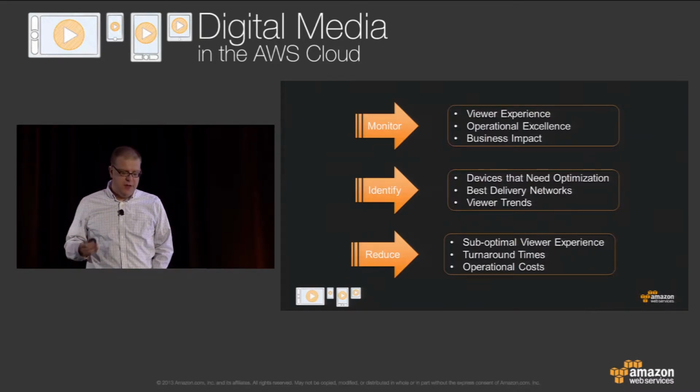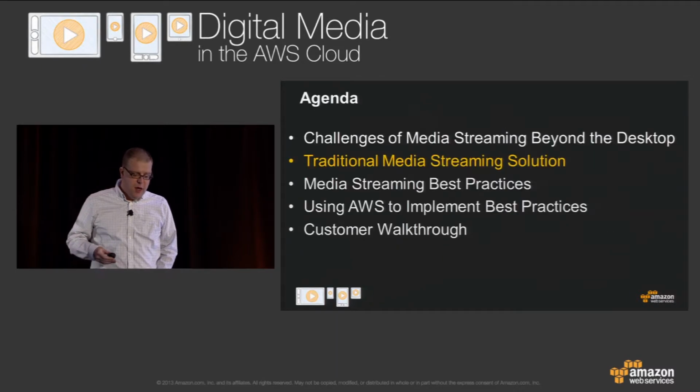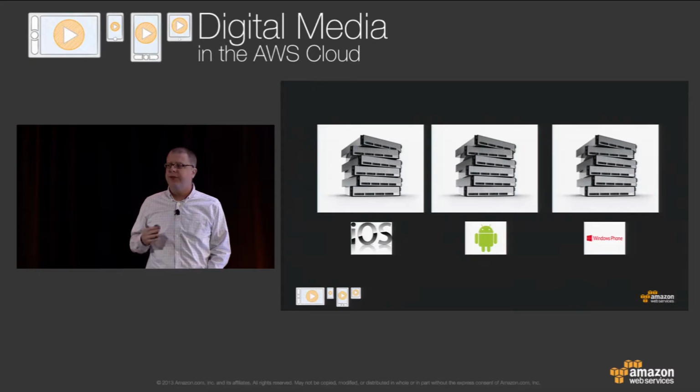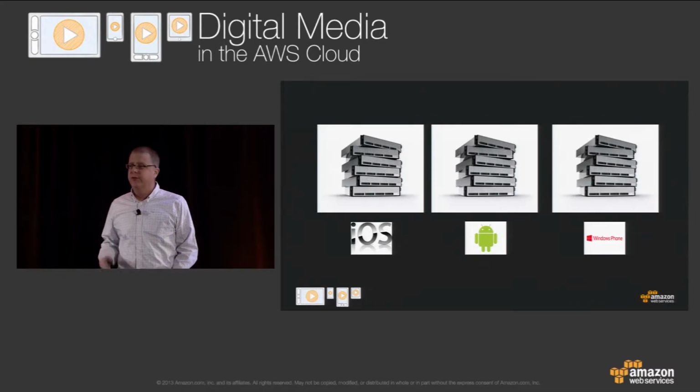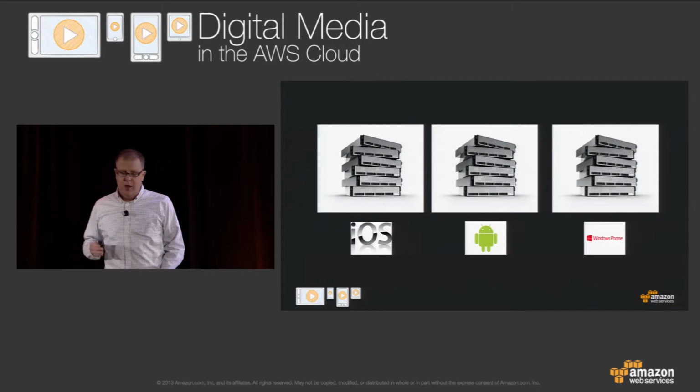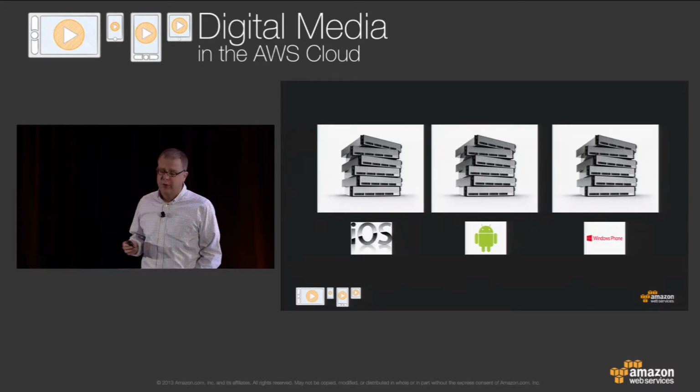So let's talk about the traditional media streaming solution. We used to see a lot of customers basically running separate parallel stacks for different devices. So they might run one stack that addressed the iOS platform, another one to address Android devices, and a third one to address Windows devices in this example.